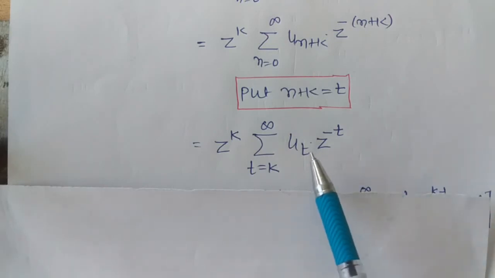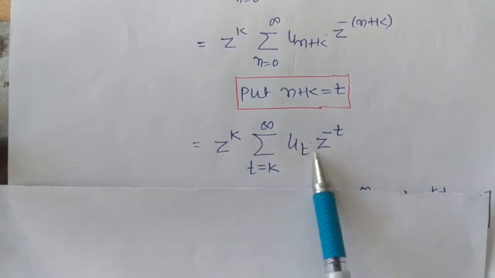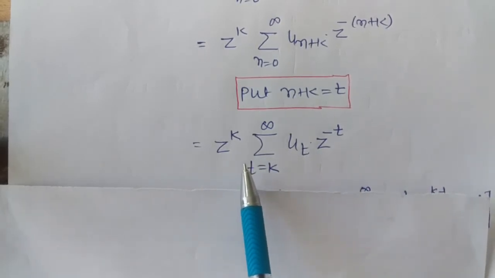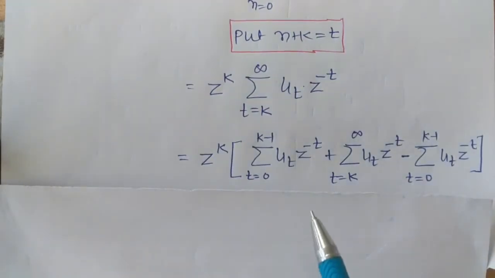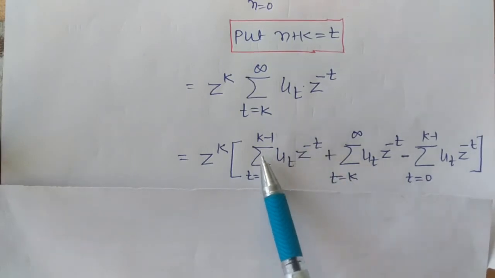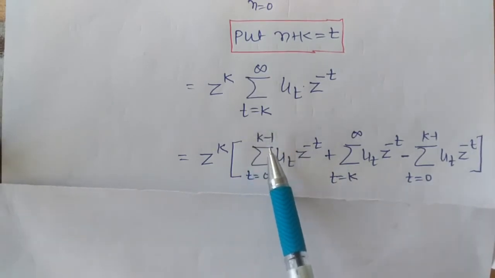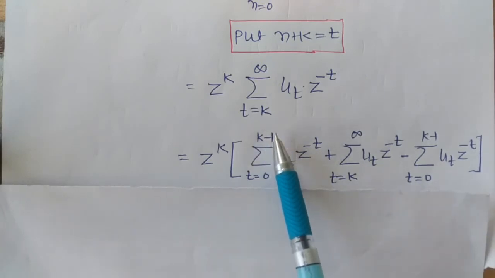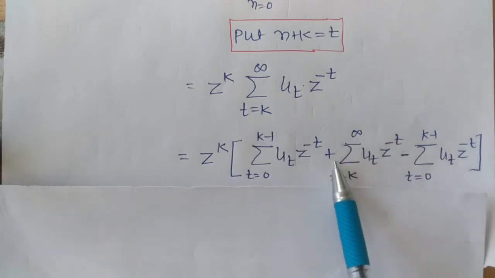Now we add and subtract this type of term from summation t equal to 0 to k minus 1. Then we get z^k into, first we add terms u_t z^(-t) from t equal to 0 to k minus 1, plus t equal to k to infinite u_t z^(-t).